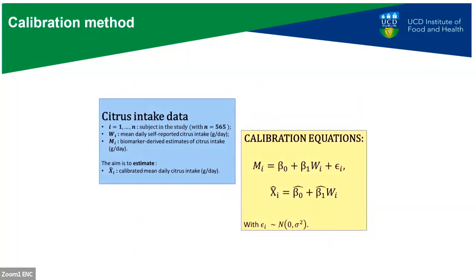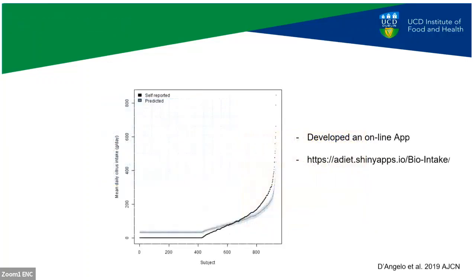So the concept behind this is that you're correcting for the measurement error, or some of the measurement error, in the citrus self-reported data. So we did this on our 800 individuals, for which we had biomarker data, but we had self-reported as well. And you can see here that it worked pretty well. So we were able to predict their intake.